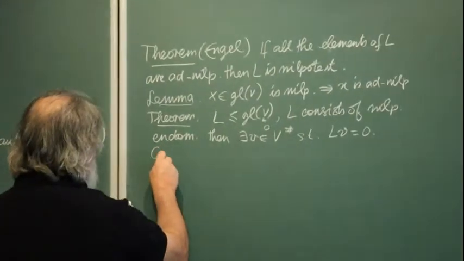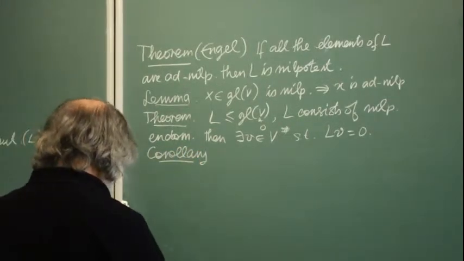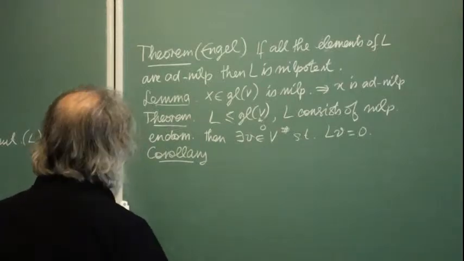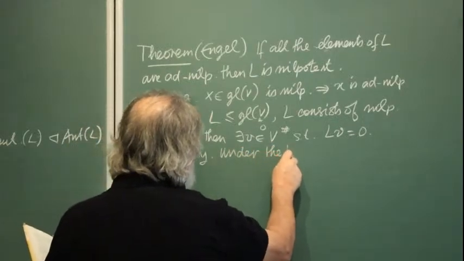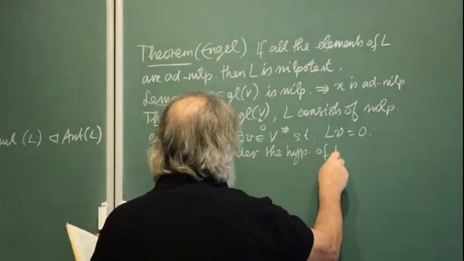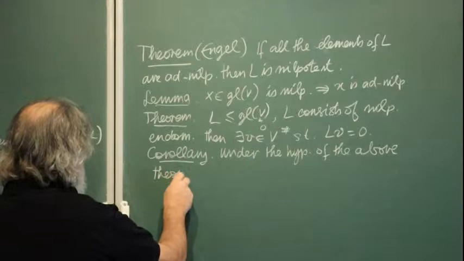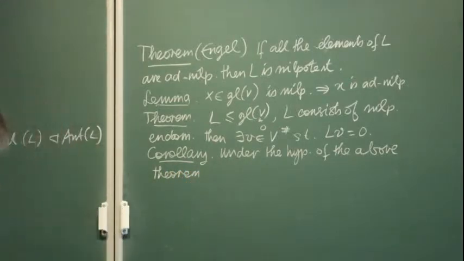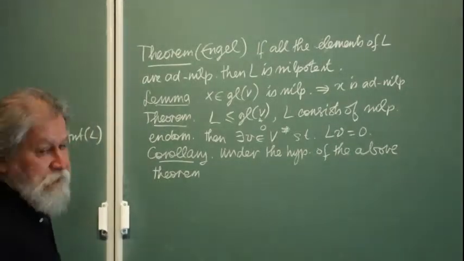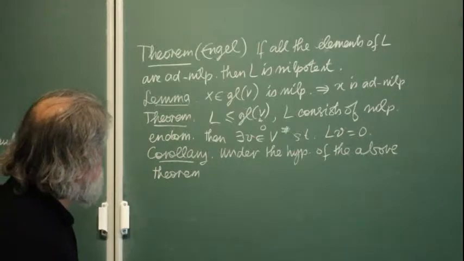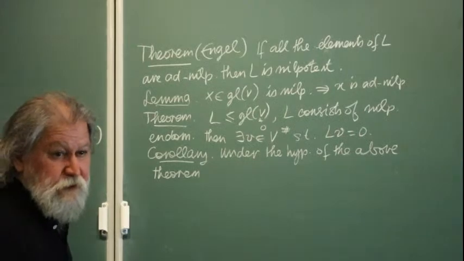Corollary. Under the hypothesis of the above theorem, you can choose a basis of V such that elements of L are strict upper triangular.